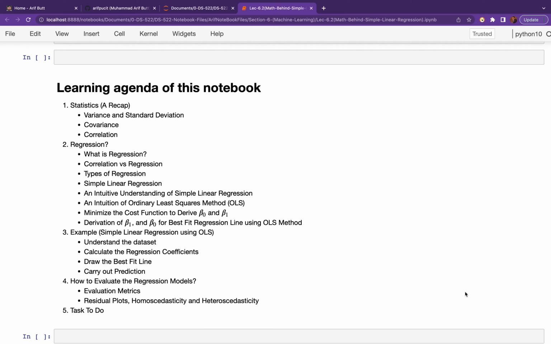My dear students, today I will start with a quick recap of some statistical measures like variance, covariance, and correlation. They are a must to know in order to understand regression. In today's session, we will not be using sklearn and will do all the math using NumPy for simple linear regression that involves a single input feature.